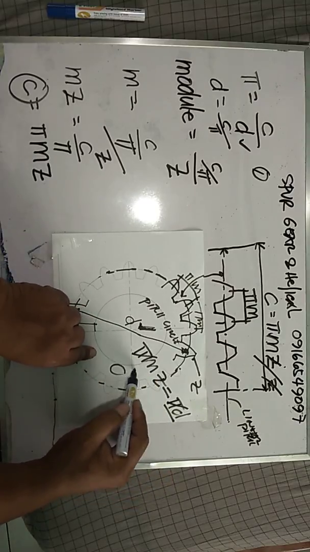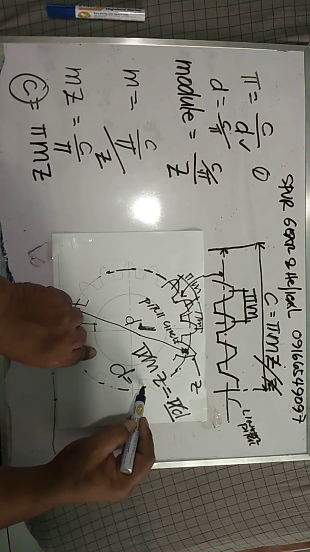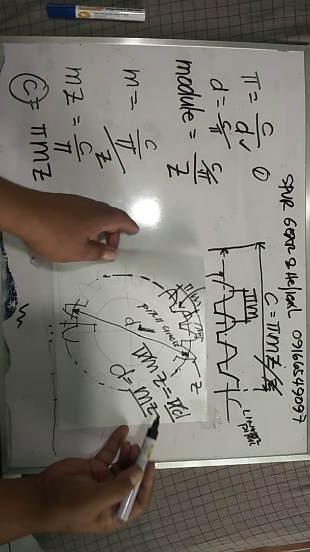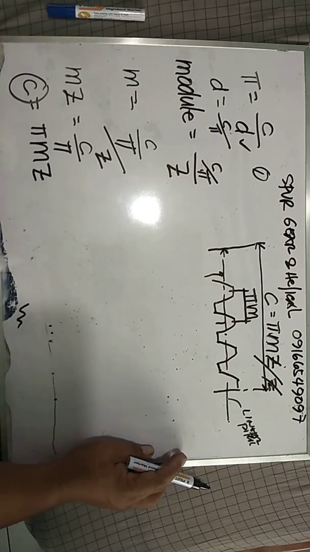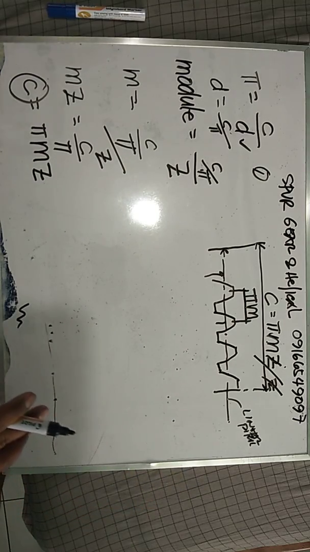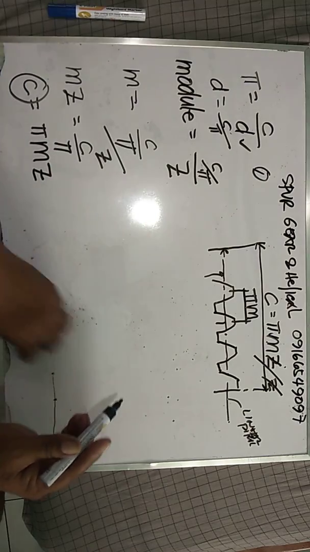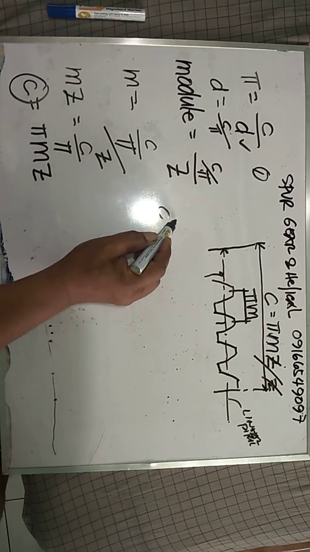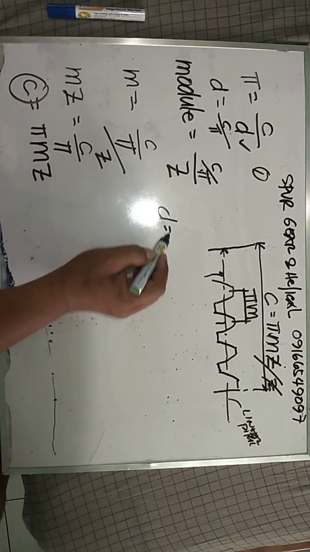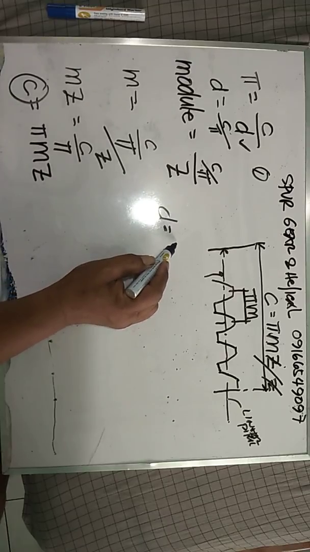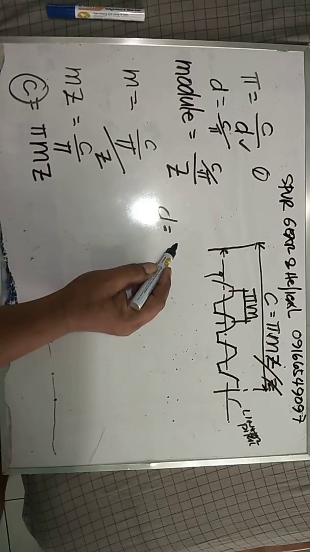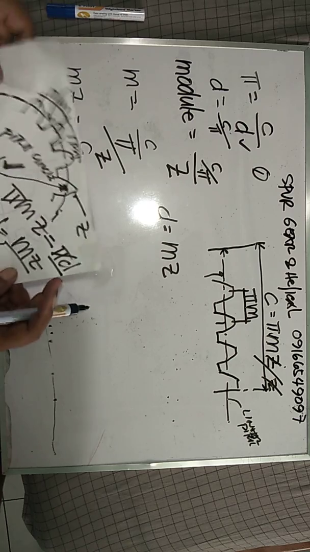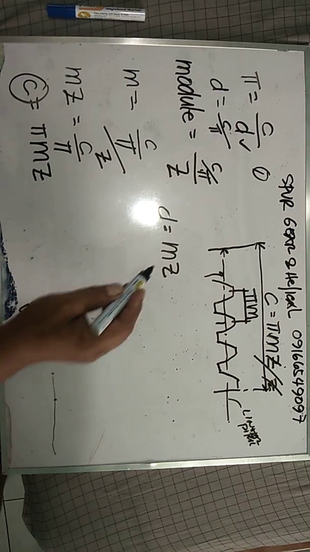So pitch diameter becomes module times the number of teeth. Therefore, the pitch circle diameter is equal to module times teeth.